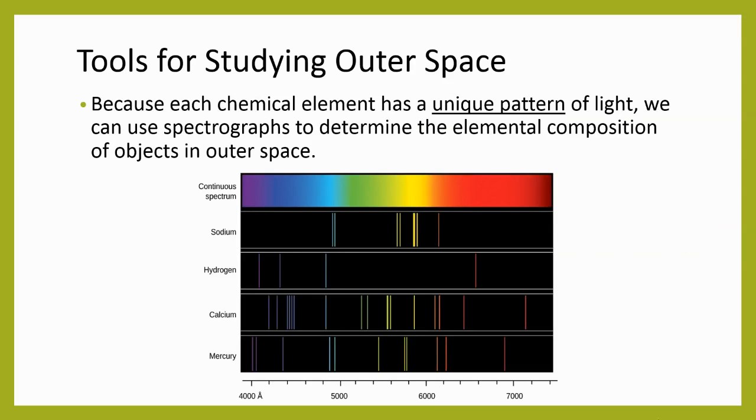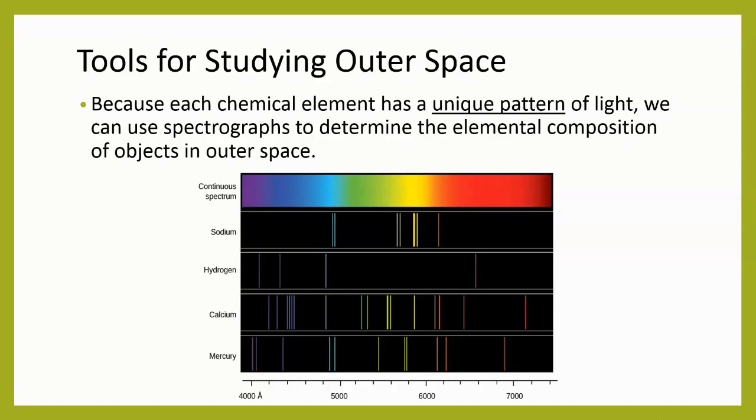Now, the reason why this is important is each chemical element that we know of has a unique pattern of light. So we look at sodium down below, we have that bright teal blue, some kind of greenish yellow, yellow, and red lines. Hydrogen has a purple, violet, blue, and then red line. So every element has a unique pattern.